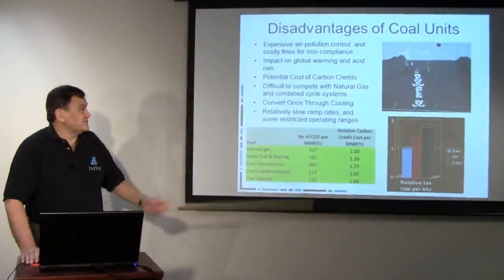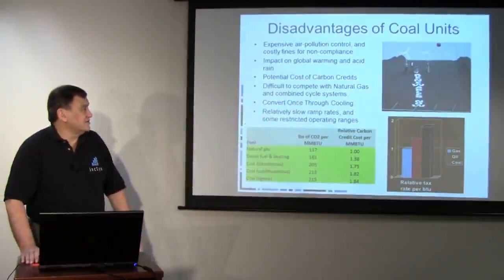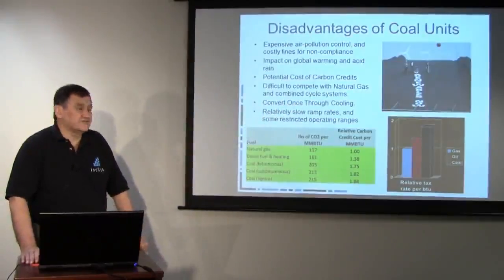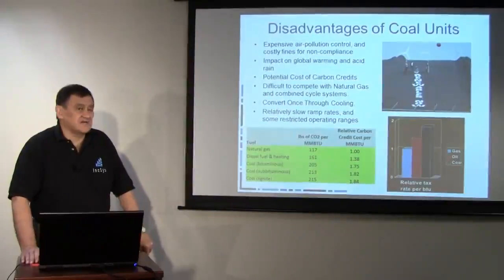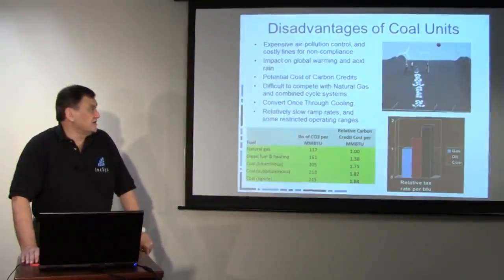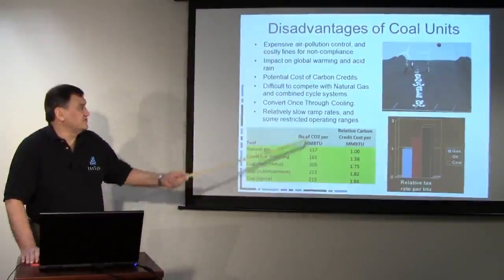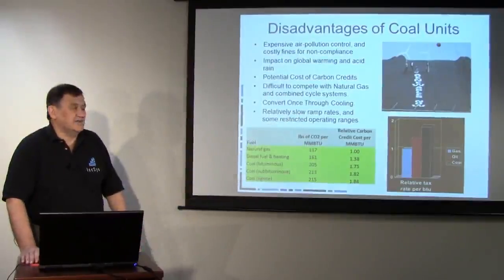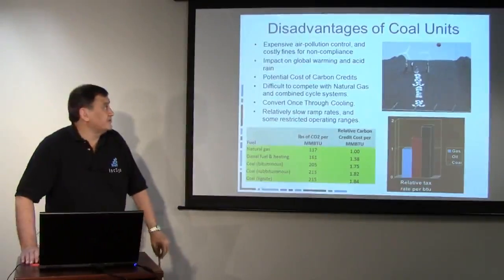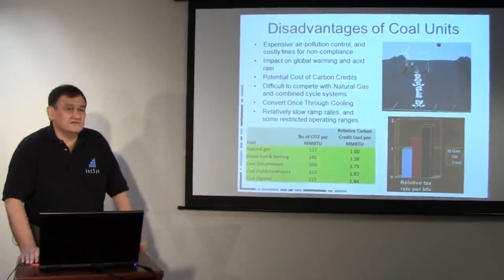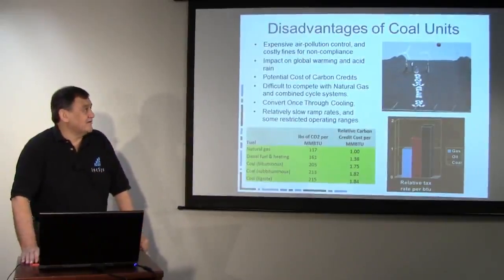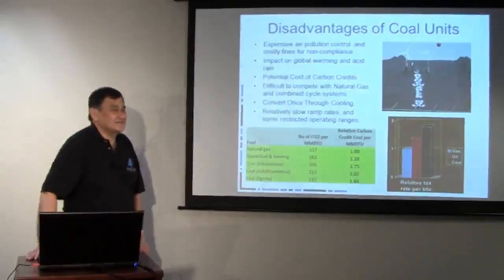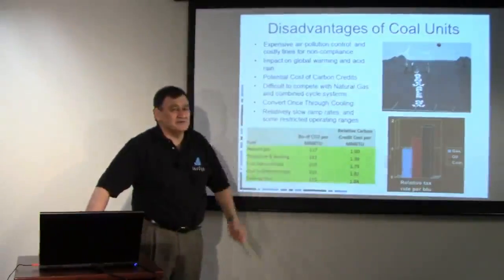I also talked about the need to convert existing units from the once-through cooling to the cycle wet type cooling. And from an operating point of view, they have relatively slow ramp rates and do have some restricted operating ranges. And we're seeing, of course, the environmentalists sitting on the coal piles with their wind turbine symbols, trying to make the case that we need to have a lot more wind generation versus the coal.